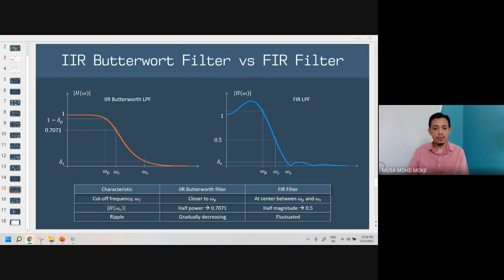0.7071, now we are looking at magnitude. So actually 0.7071 is a half power. How to get power? Magnitude squared. If you square 0.7071, you will get 0.5. Because in an analog system, most of the systems involve a lot of hardware, so they are actually measuring power.